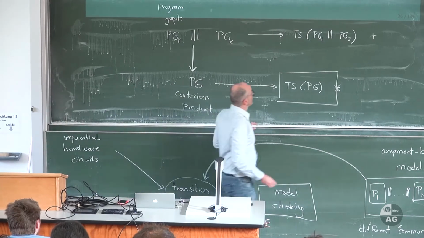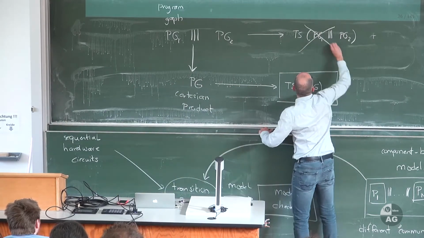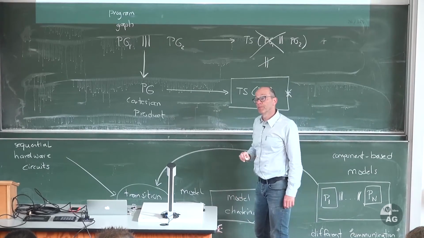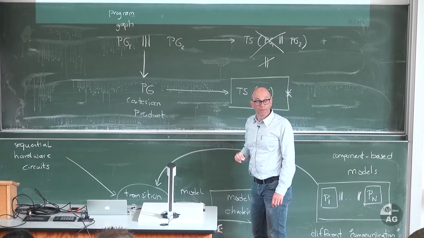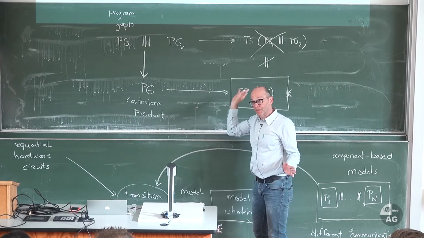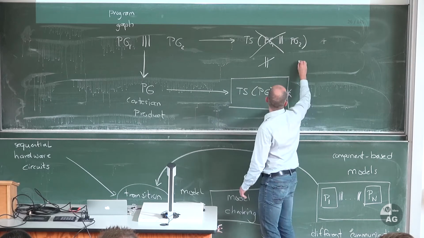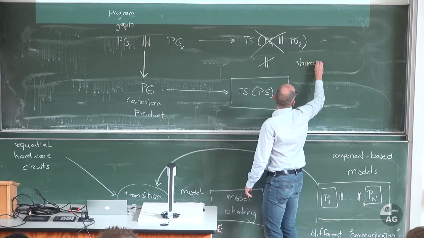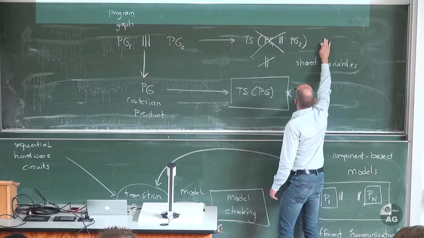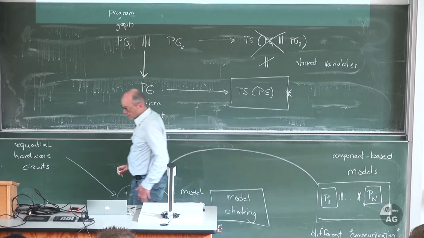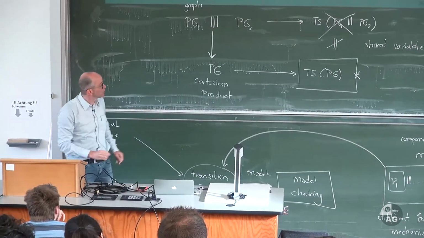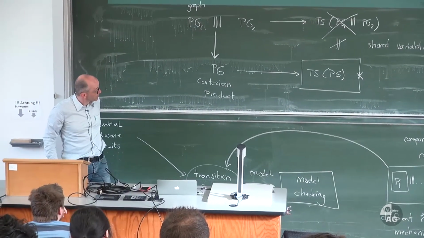And we have seen in the previous example that this one is not, and in general, these two things are not the same. In absence of shared variables, this is not a problem, then they are the same. But as soon as you have shared variables, it's no longer the case that the two different trajectories yield the same transition system.